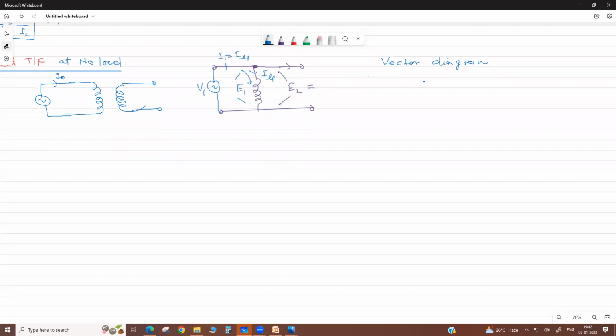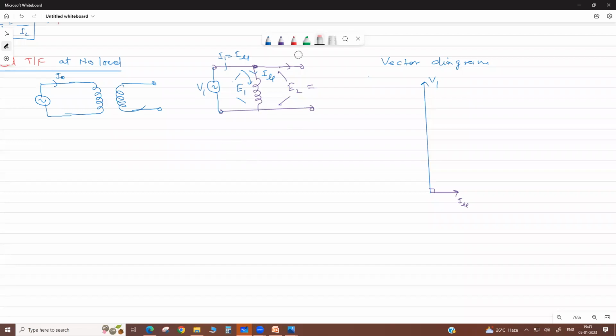Suppose you take V1 vertically. Now in a pure inductor, the magnetizing current lags the voltage by 90 degrees. This is your magnetizing current, I mu. It lags by 90 degrees, correct, as in a pure inductor.